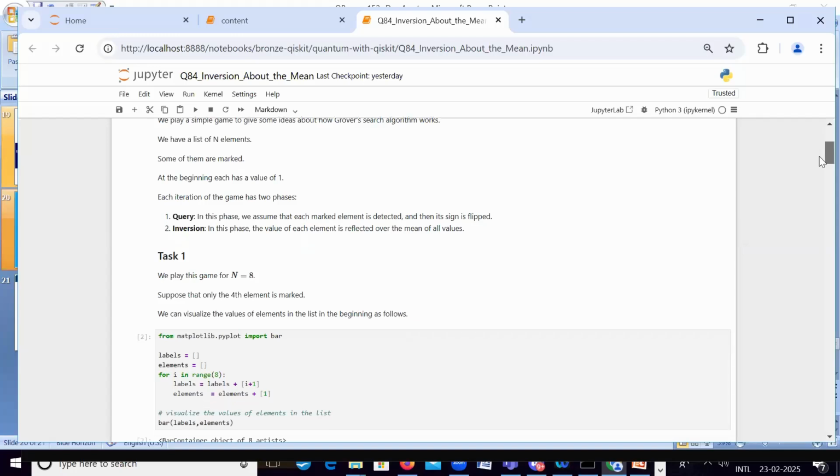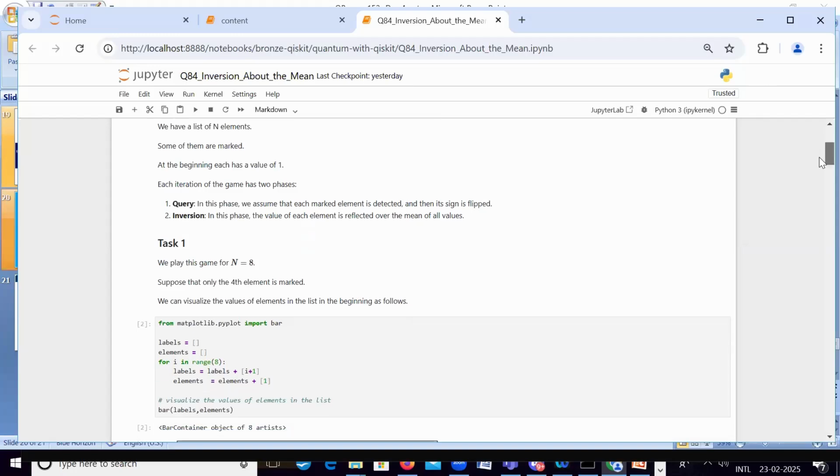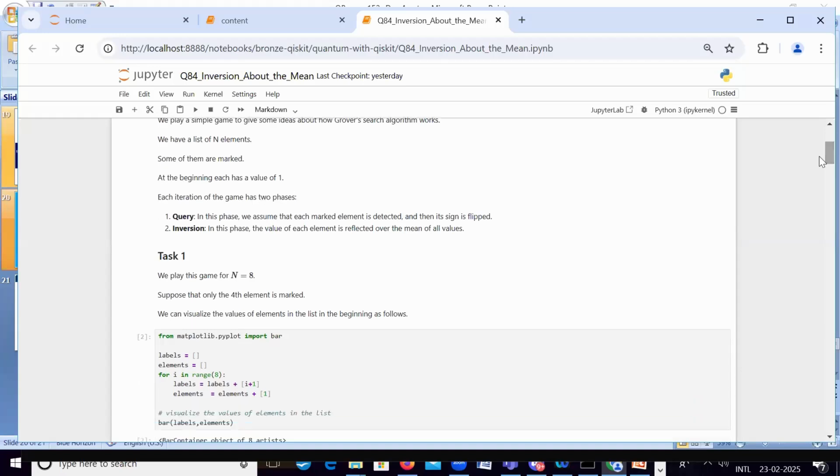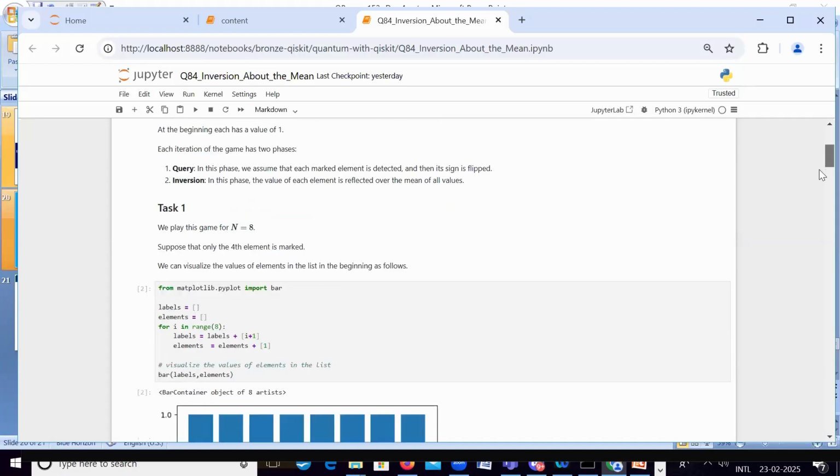At the very beginning, Hadamard gates are used to send all the elements to superposition to indicate their initial states, which is one of the steps in Grover's search algorithm. By applying Hadamard gates to n elements, all n elements are superimposed.